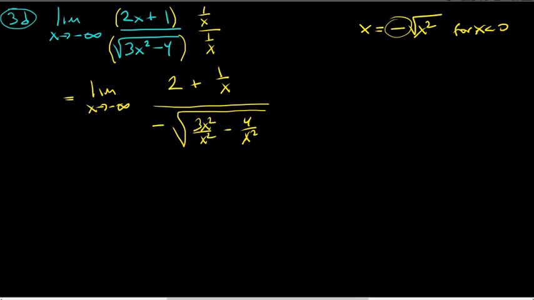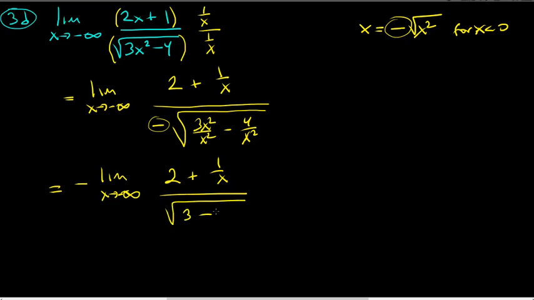Well, I'm getting ahead of myself here, right? So the negative is going to be in front here, because you're going to negative infinity. So 2 plus 1 over x divided by the square root of 3 minus 4 over x squared.